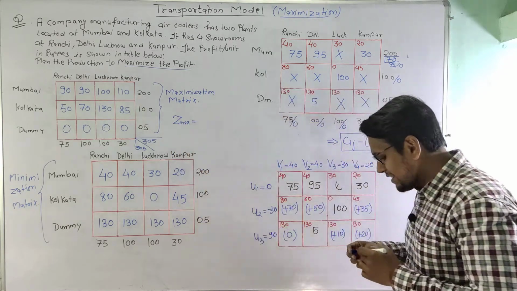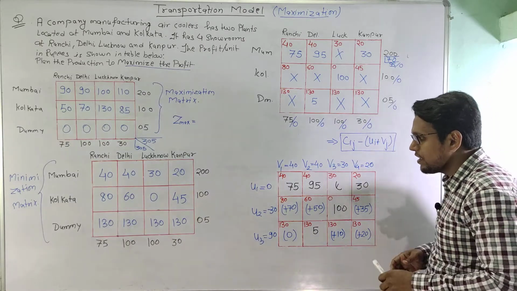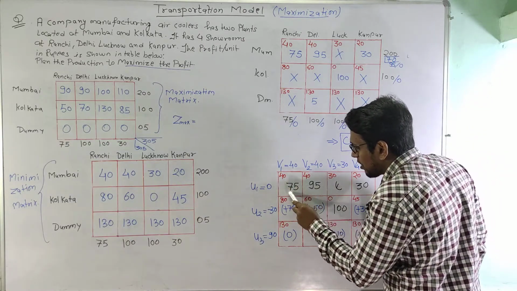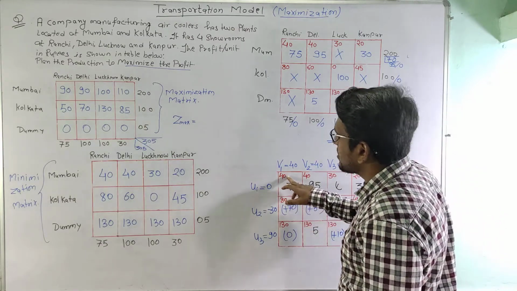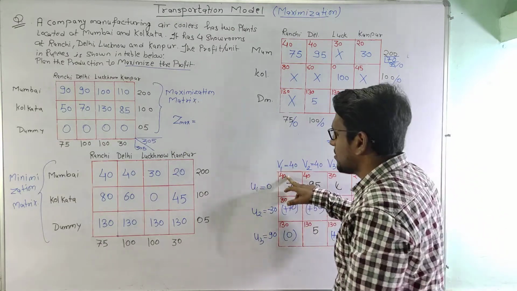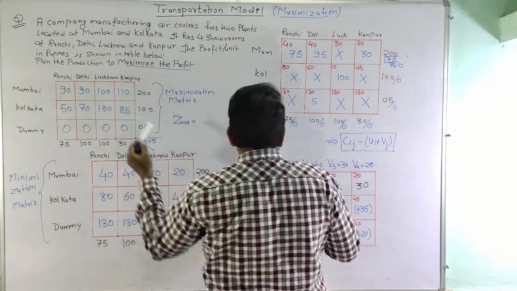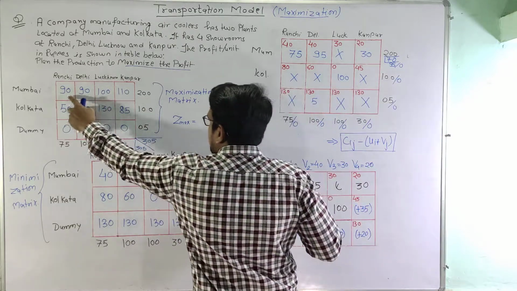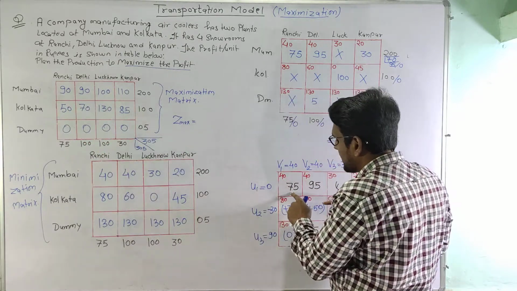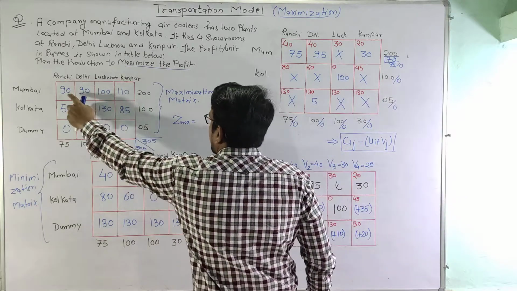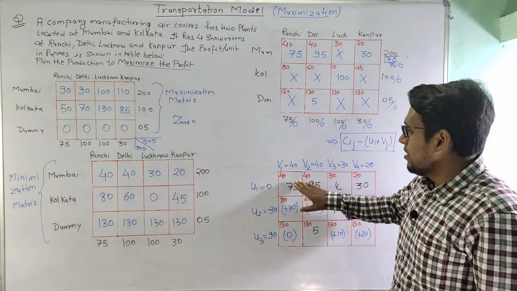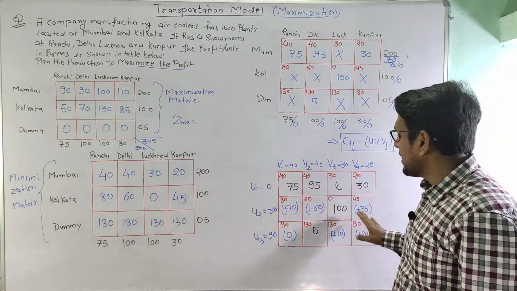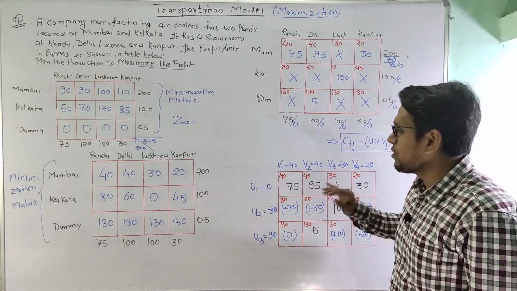To calculate z maximum, we will take these quantities and multiply them by the values in the original matrix. In the original matrix the profit function is given, so we will do 75 multiplied by 90, not 40, because we need to find the maximization value, not the minimization value.